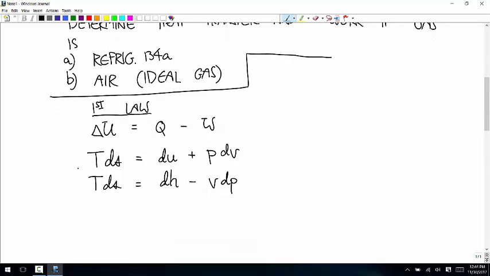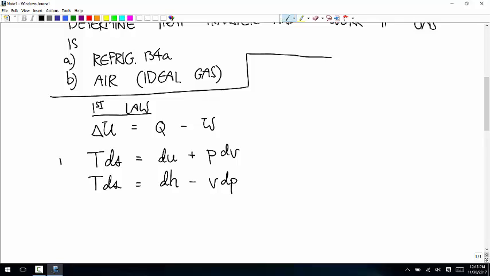So let's think about, and we know that the temperature is constant, which means that if we're going to integrate one of these TDS equations, we don't have to integrate the temperature. So that's sort of appealing. VDP, we don't know.